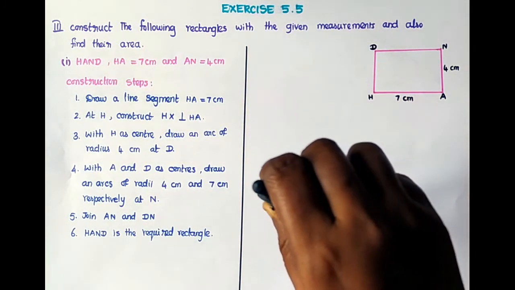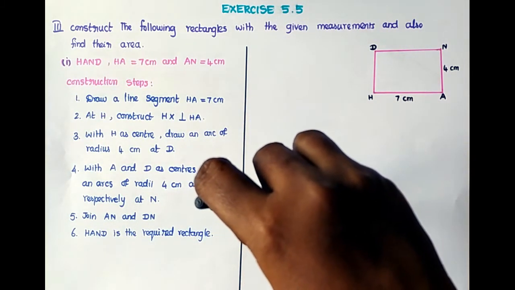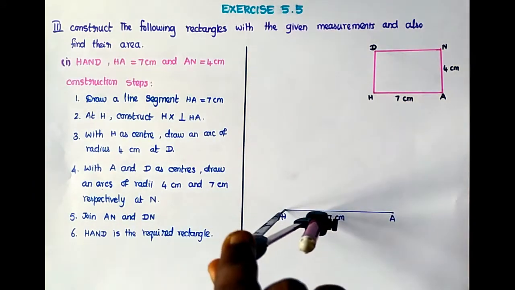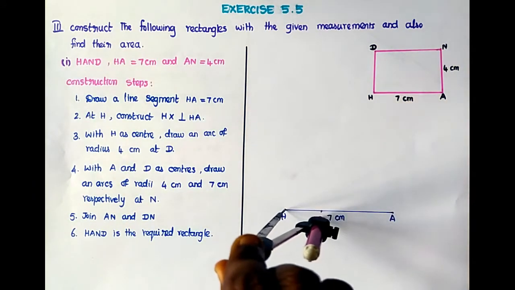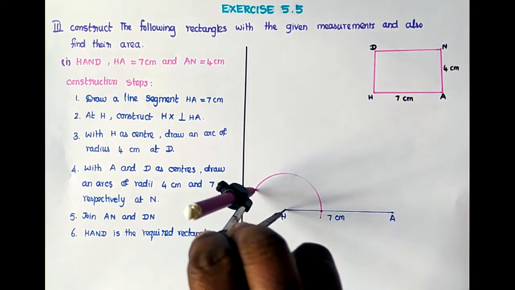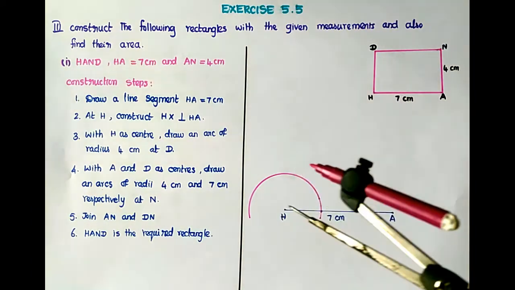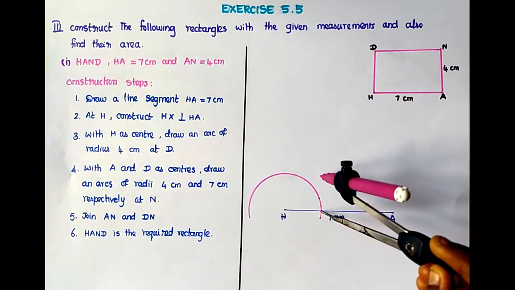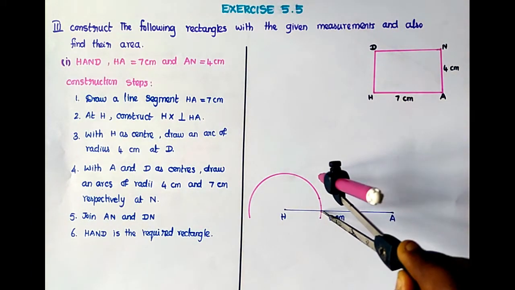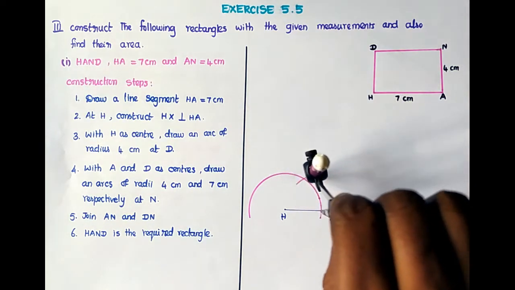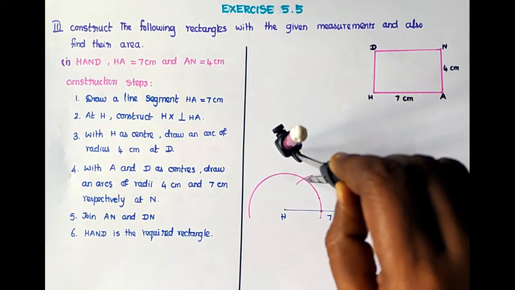How will you construct that? Means perpendicular line. Take any measurement from H and draw the semicircle. Don't change the measurement and take this as center and draw two arcs continuously.